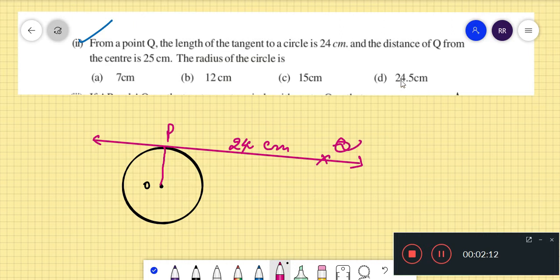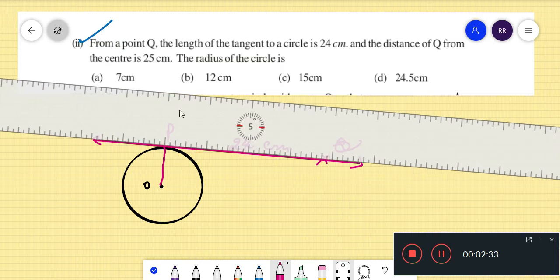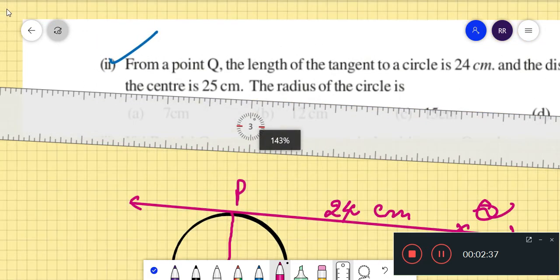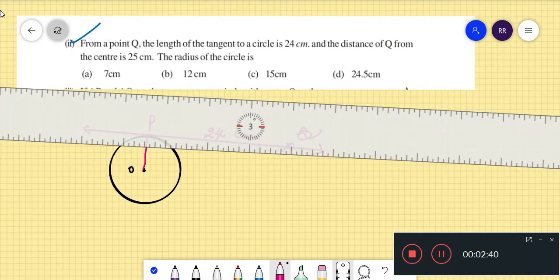Okay, and the distance of Q from the center, from here to here, that is 25 centimeters. I will take a scale. Okay children, it is moving like this.